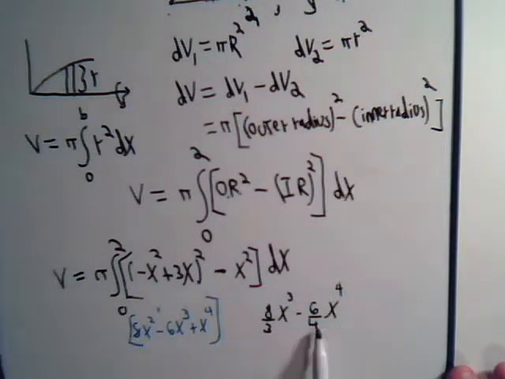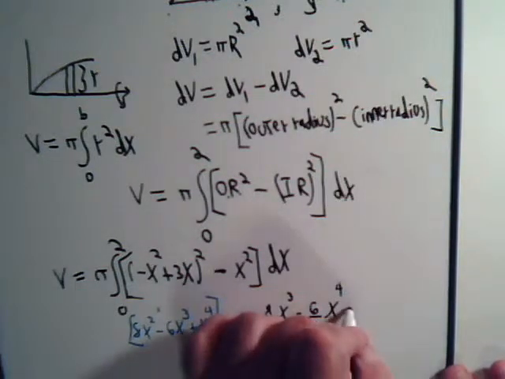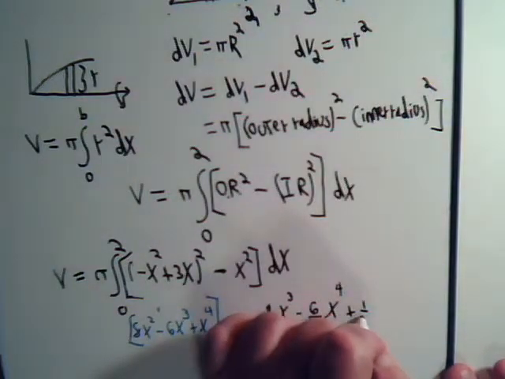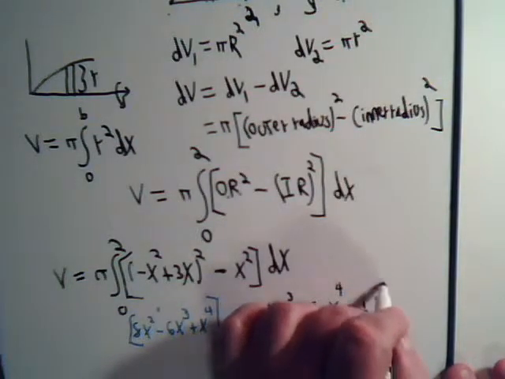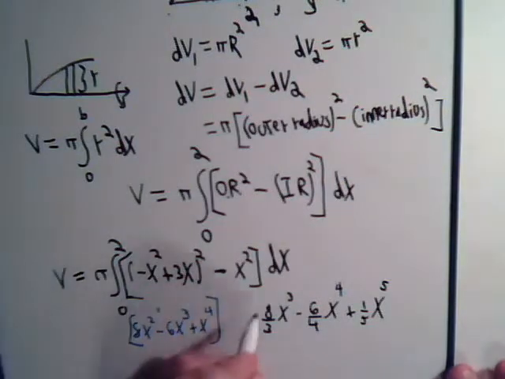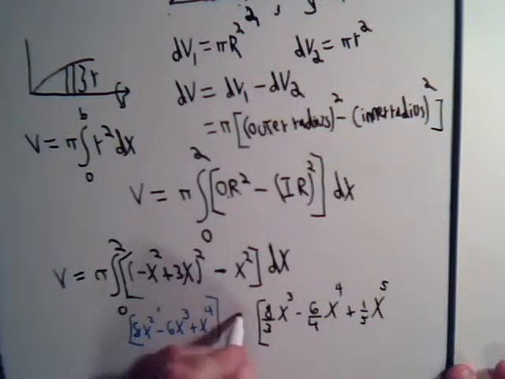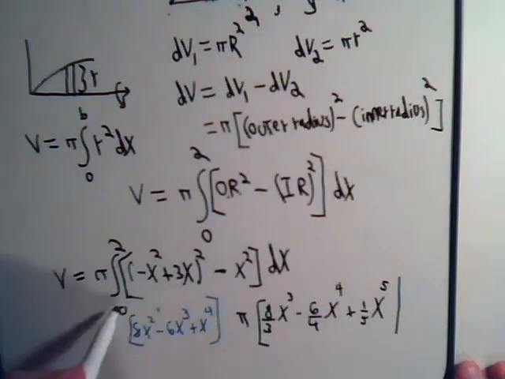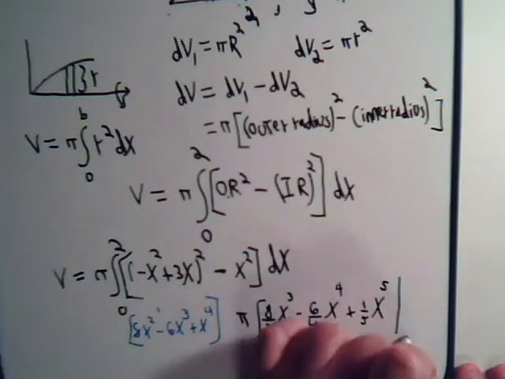We raise to the power 4 and we divide by 4. Plus x to the 4th, we integrate that, that'll be 1/5 x to the 5th. And this gets multiplied by pi, and x goes from 0 to 2.